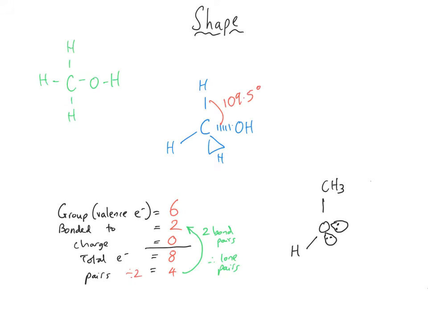Now, I hope you remember that lone pair repulsion is greater than bonding pair repulsion, and so that has the effect of squeezing these two bonds closer together than they would be if these were 4 bonding pairs. And the effect is a reduction in that bond angle of 109.5 by 2.5 degrees for each of those lone pairs. And so that gives us a final bond angle of round about 104.5 degrees.